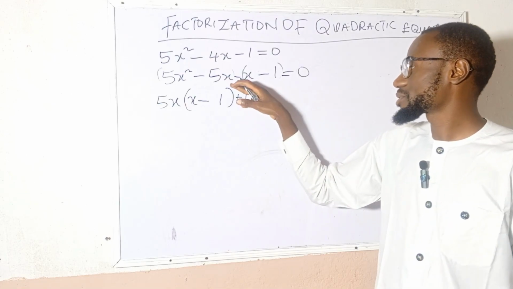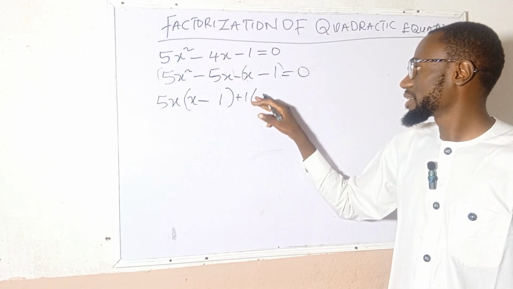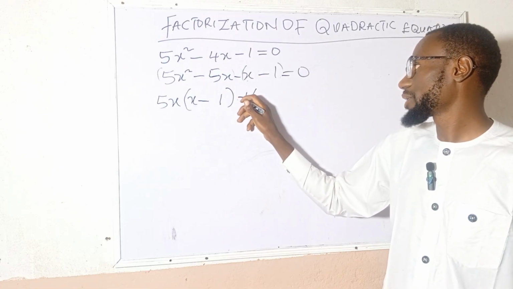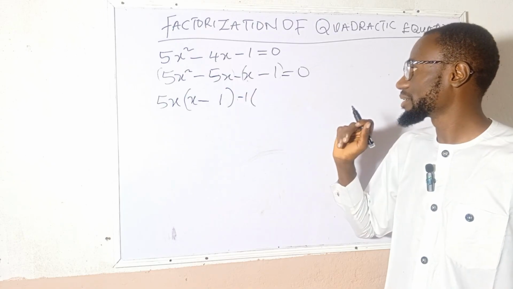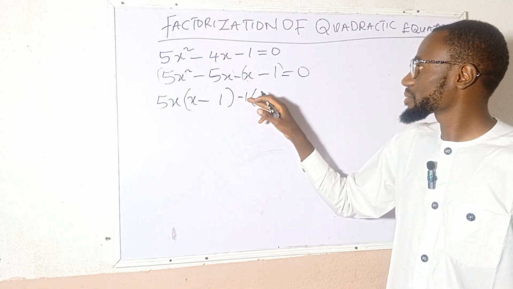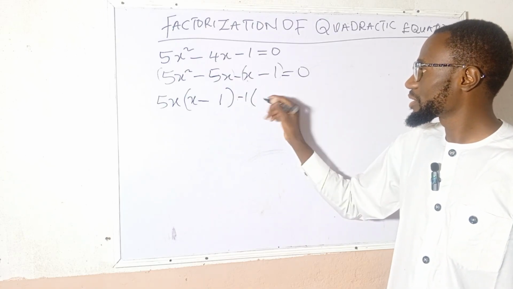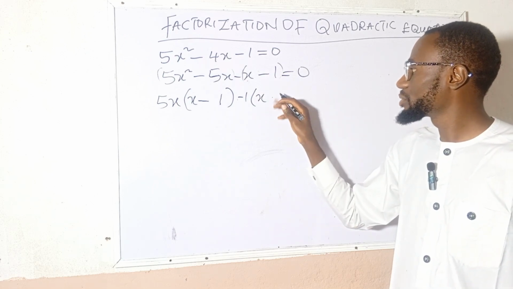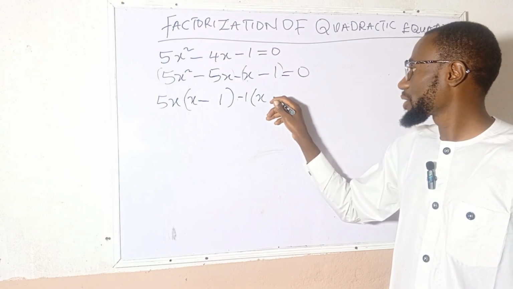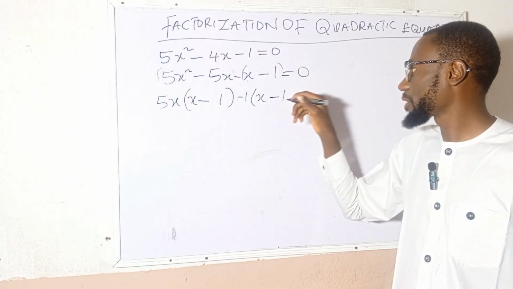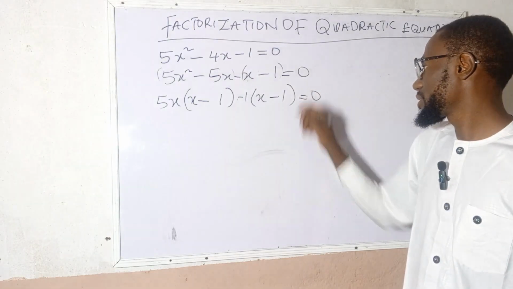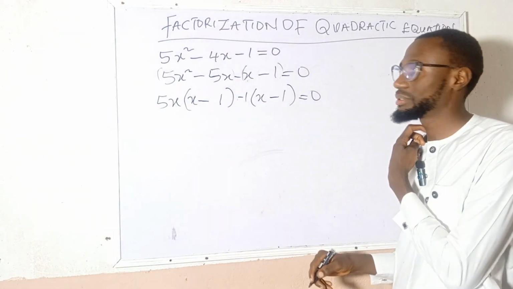Then since this is minus x, here we can say we have minus. If you keep minus here, then we can put x here, and minus 1 here. This is equal to 0.